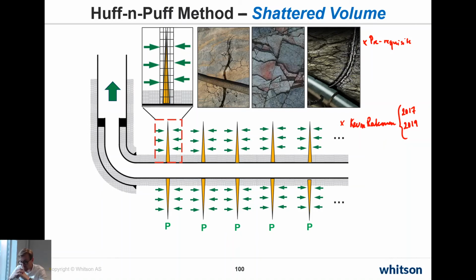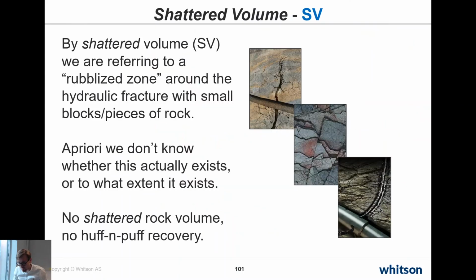So it's a combination of smaller fractures and complexity and some fractures, and we'll get back to why, or you can ask that question, why that's the case from production data.